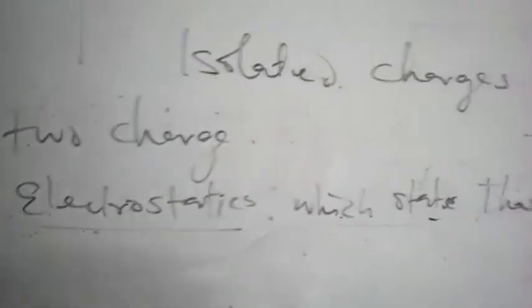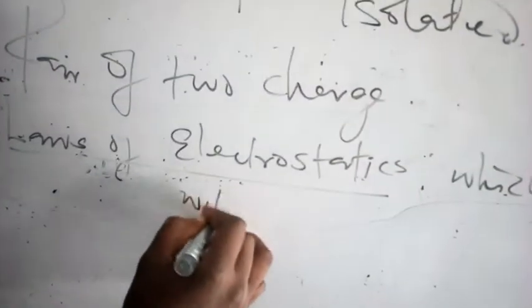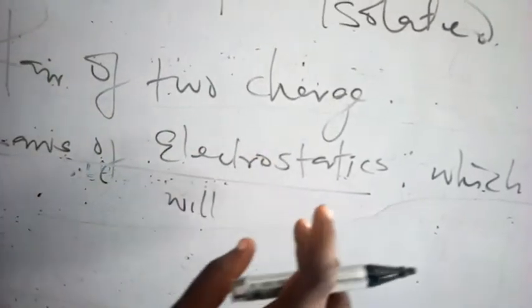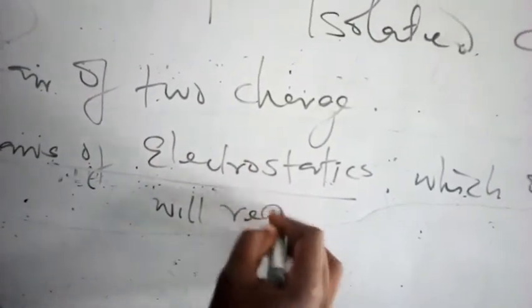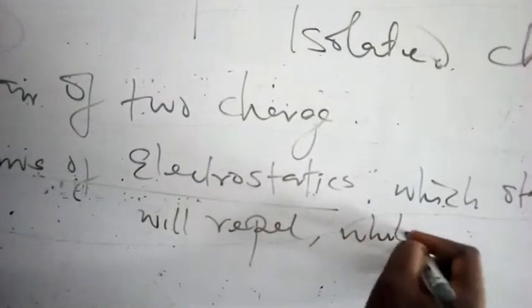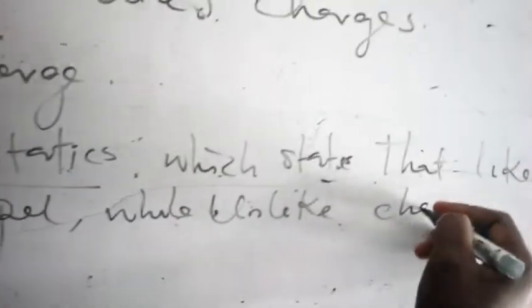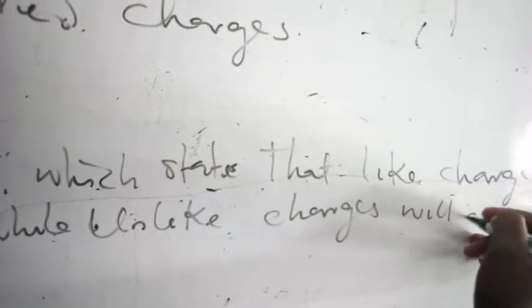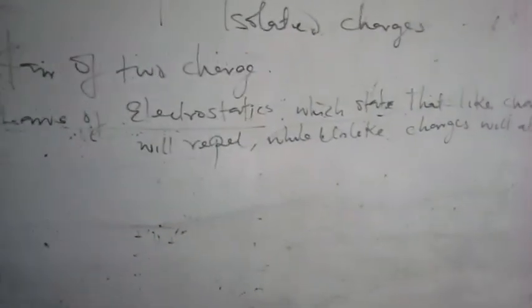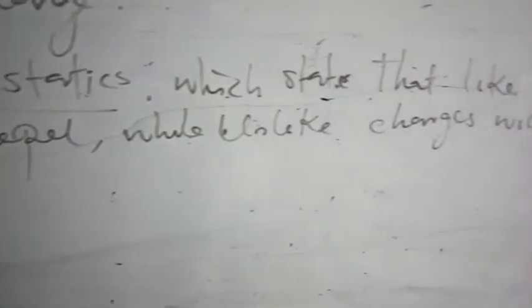So, like charges will repel, while unlike charges will attract. I'm trying to define all these terms so that whenever we are using them, you shouldn't be confused. Now let us look at what they are trying to say here.